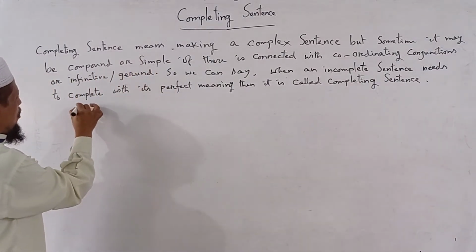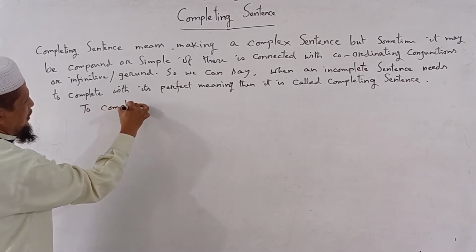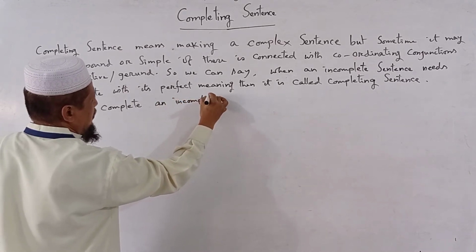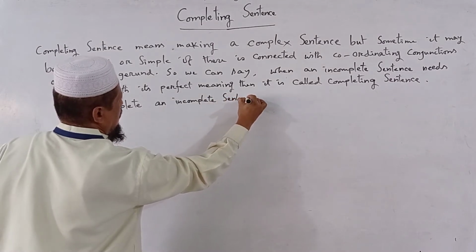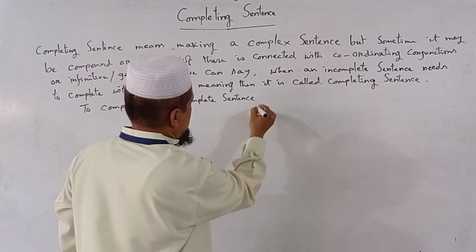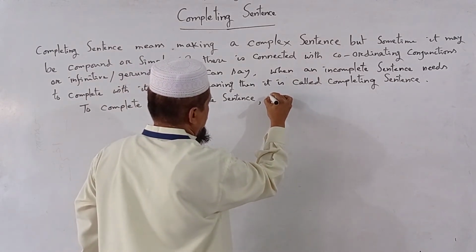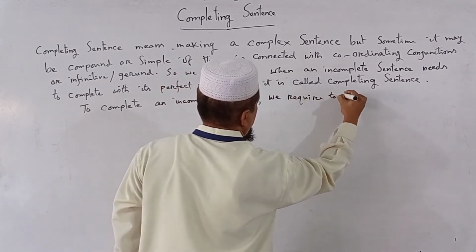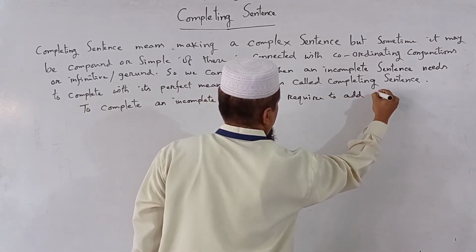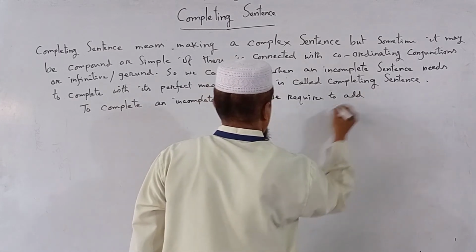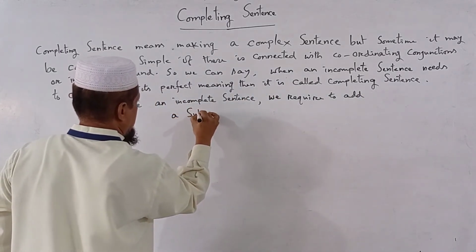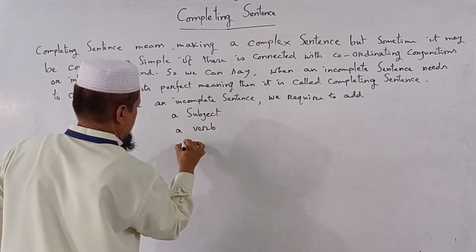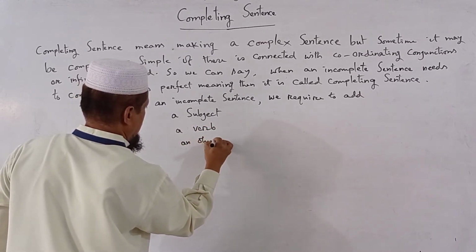So we should know that to complete an incomplete sentence, we require to add a subject, a verb, and an object or extension.